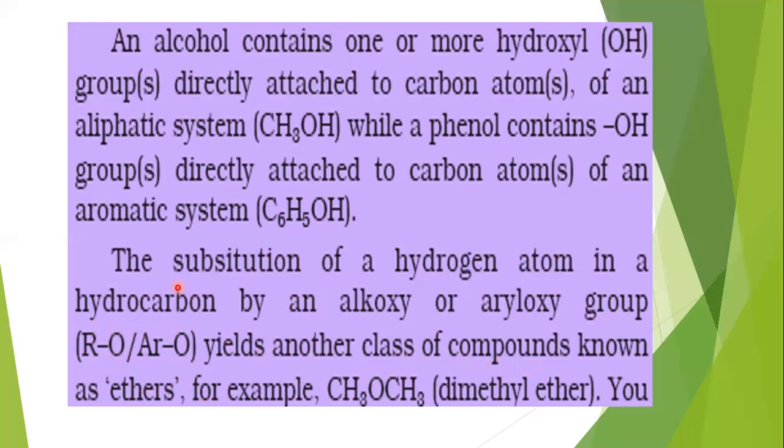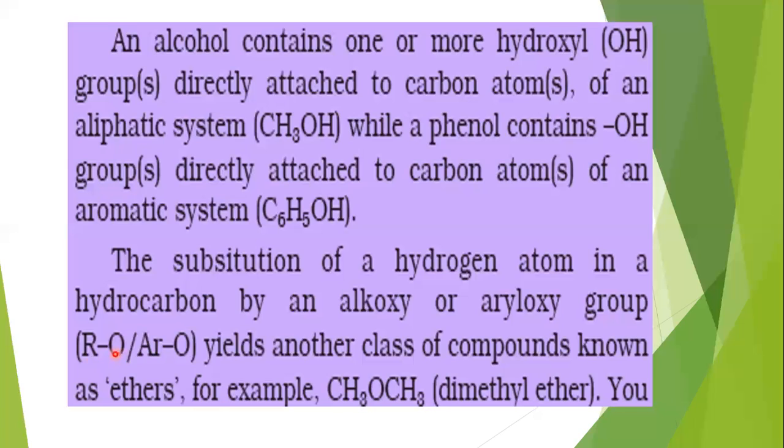Let me make it clear here. Substitution of a hydrogen atom in a hydrocarbon. Suppose the hydrocarbon is RH, and from this hydrocarbon one hydrogen atom is substituted by an alkoxy or aryloxy group.